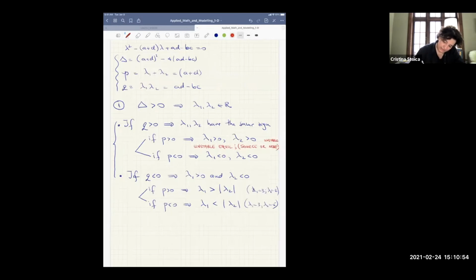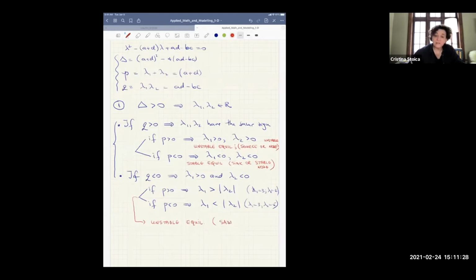Whereas in this case, it's a stable equilibrium and it's a sink or stable node, okay? Whereas in this case, no matter what it is, in both cases, this is an unstable equilibrium and it's a saddle.